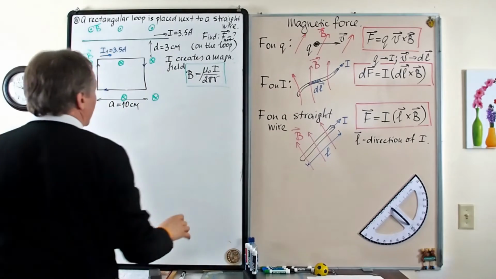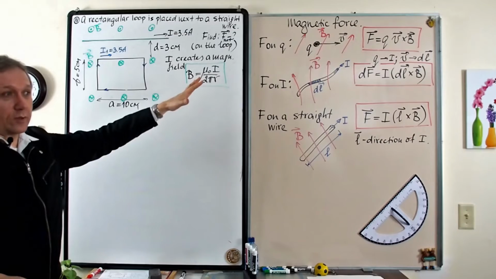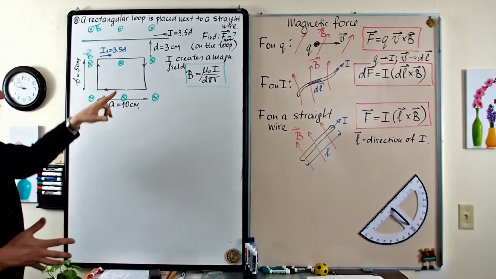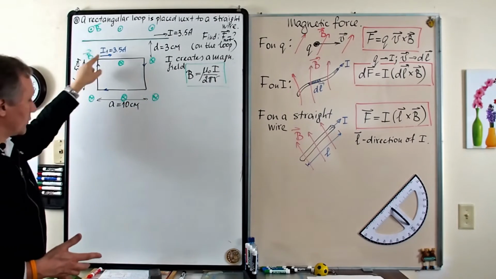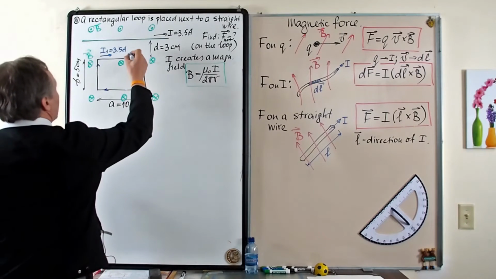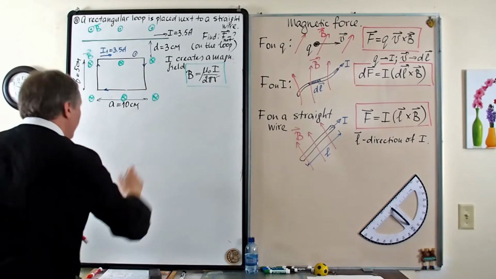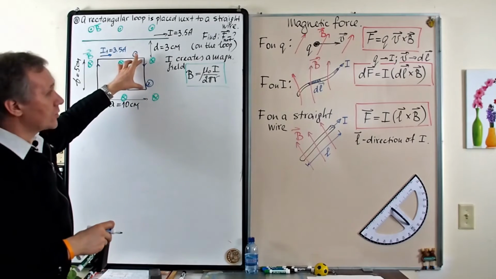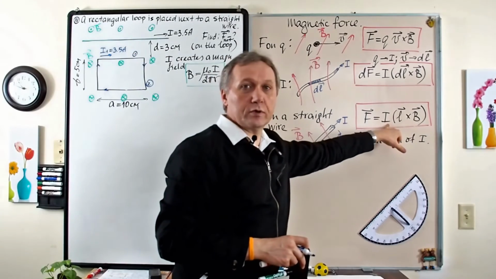Okay, now, this loop is exposed to that magnetic field, and if we want to find the net force, of course, we have to split this loop into 4 parts. So this part, first one, let me label it like this. Then the second part. So this straight piece of wire is exposed to the magnetic field, and we can use this formula.